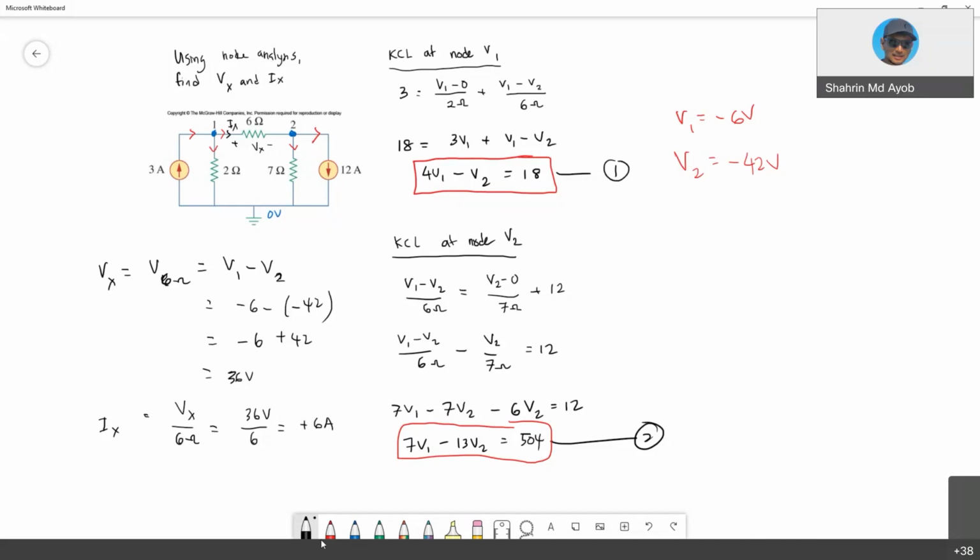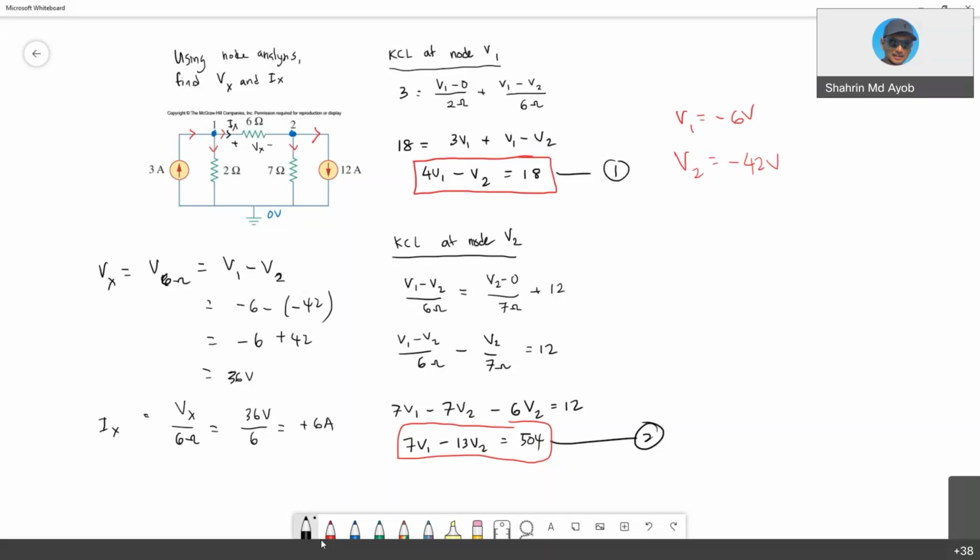But in circuit theory, we just analyze the circuit and never mind the polarity. Let me try to explain.